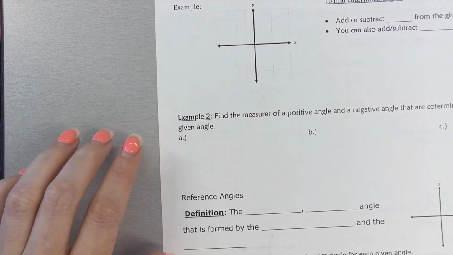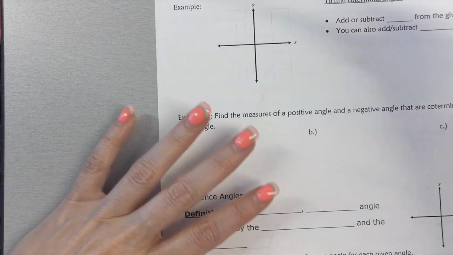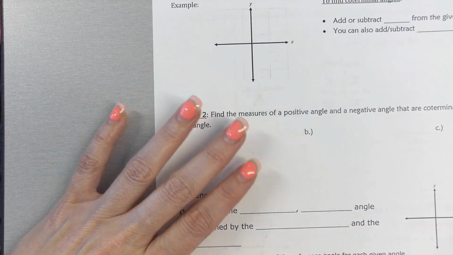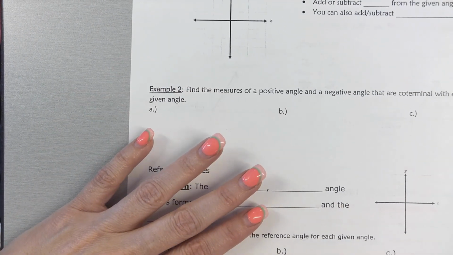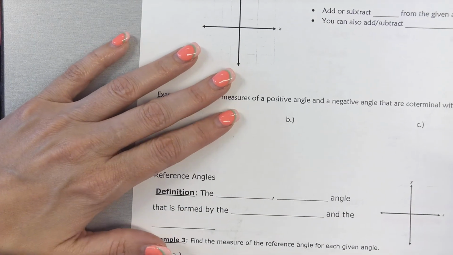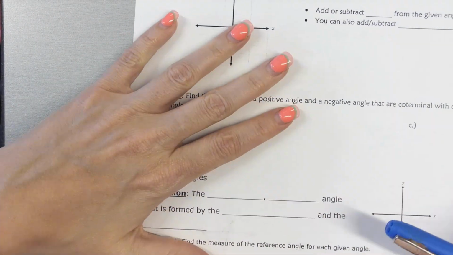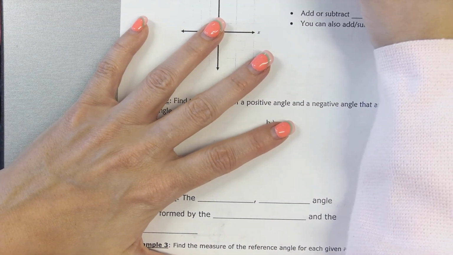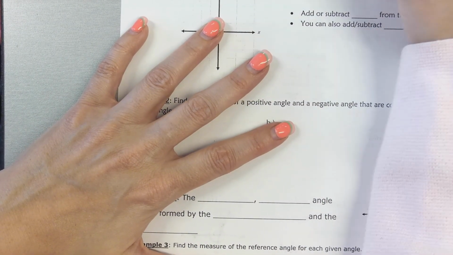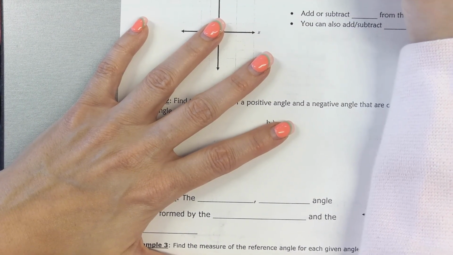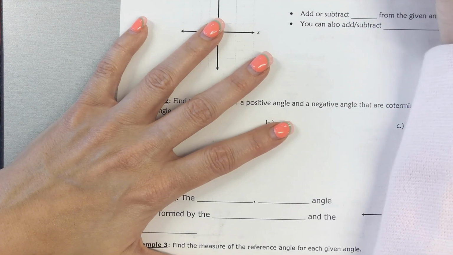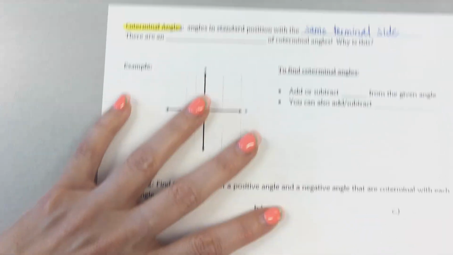And then it's terminal. So angles in standard position are going to have the same terminal side. If we're co-workers, we work at the same place. If they're co-terminal, they end at the same place. They have the same terminal side. Okay?